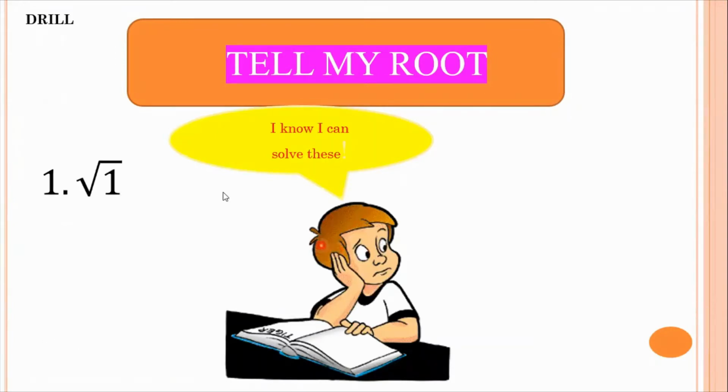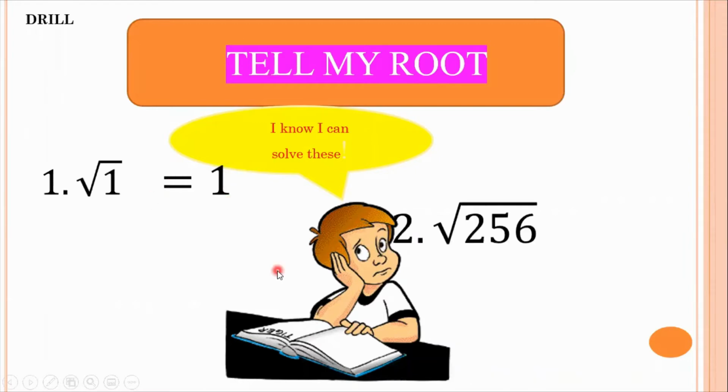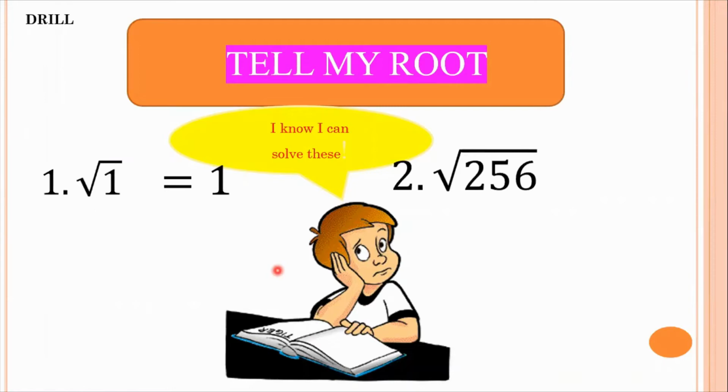So number 1, square root of 1 is equal to 1 because 1 times 1 is 1. Okay, number 2. Square root of 256 is 16 because 16 times 16 is 256. So the root of 256 is 16.